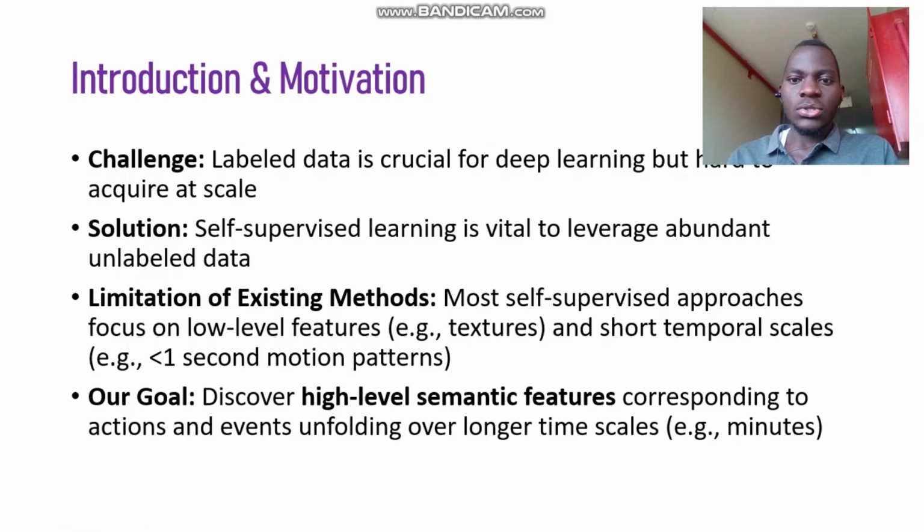The limitation of existing AI models that use self-supervised approaches is that they focus on low-level features like textures and short temporal scales. So their goal was to discover high-level semantic features corresponding to actions and events unfolding over long time scales.